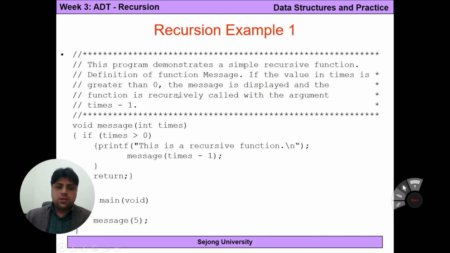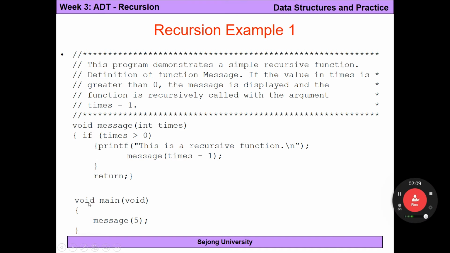This is another very simple example that we have already seen in some previous slides also. Here we have taken the recursive function message. Let me show you. Here you can see our main function. It is calling message with the argument 5.